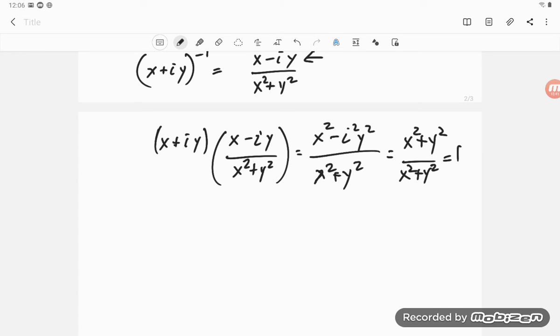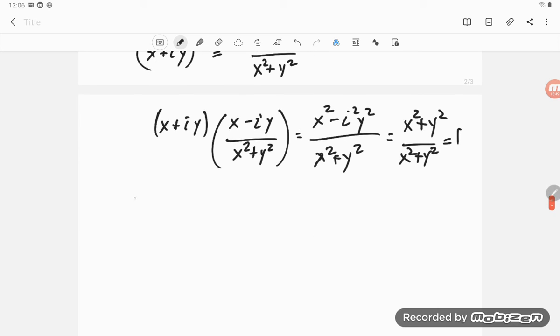And so I can also use that idea to divide two complex numbers, right? So suppose I have z1 divided by z2. Well, that's the same thing as z1 times z2 inverse.